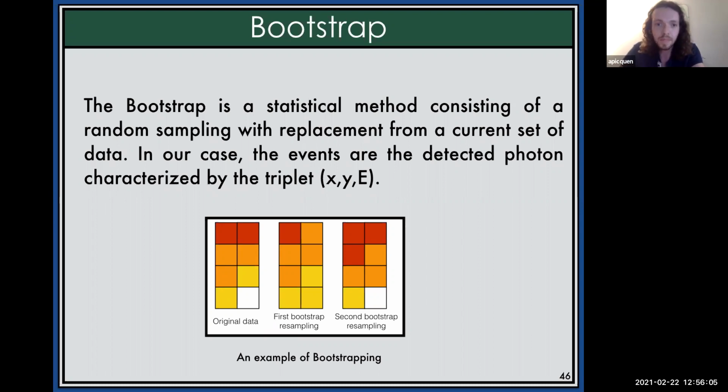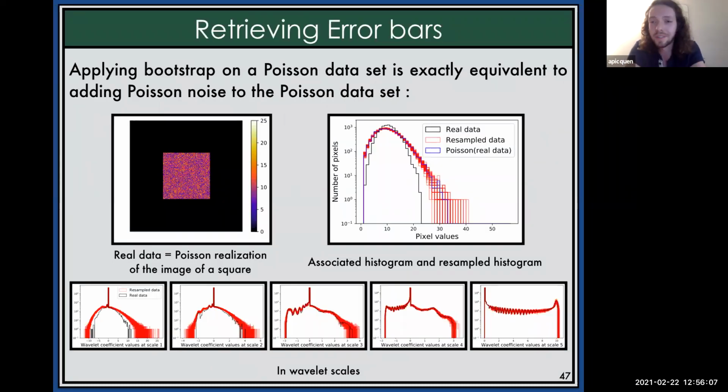For example, if you do that on just the image of a square with some Poisson noise on it, you can see that unfortunately the bootstrap does not really work, because if you look at the histogram, it gives the same kind of histogram as if you added Poisson noise to the already present Poisson noise.